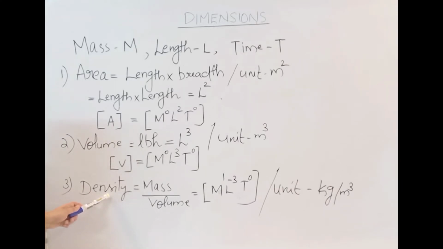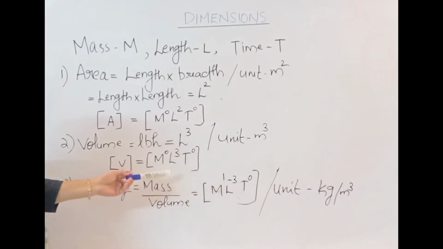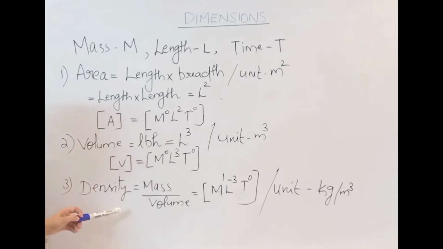Here kilogram is the unit of mass, so we write M raised to 1. Then meter is the unit of length, so L cube in the denominator, that means L raised to minus 3, and T raised to 0 because there is no time here.